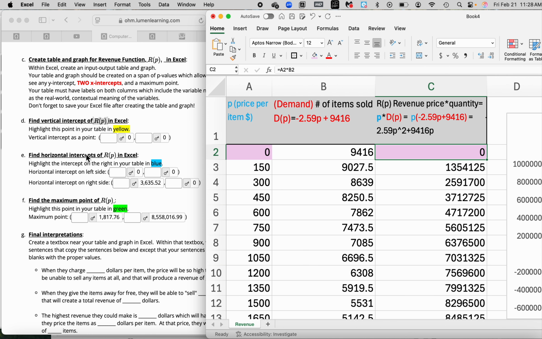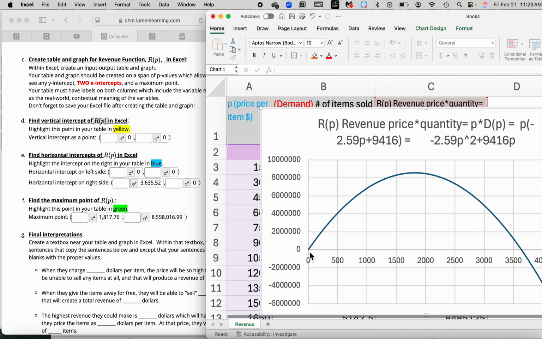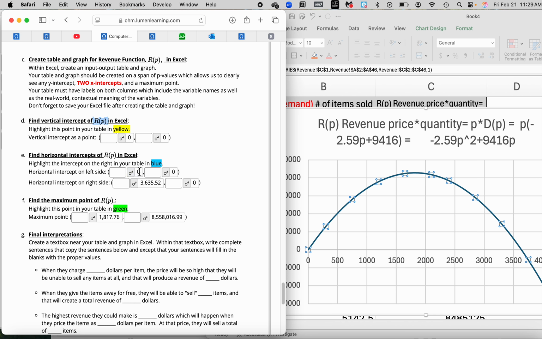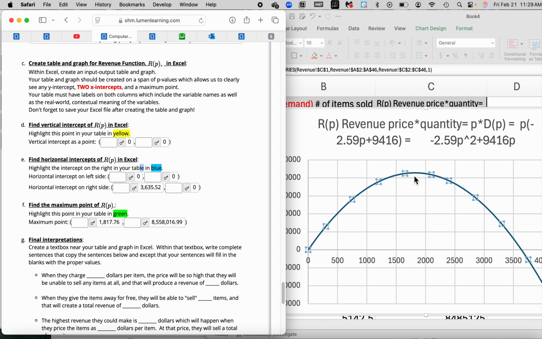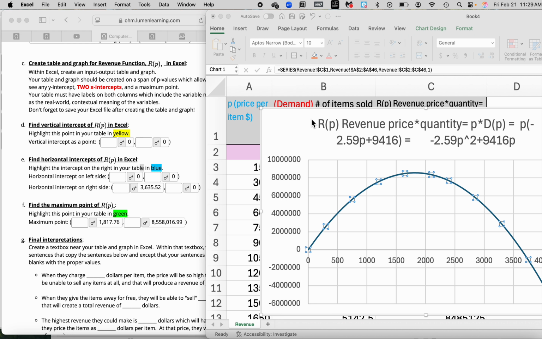And now if I want to find my horizontal intercepts, those are where my output equals 0. Well, for my first, my left-hand intercept, the y- and the x-intercept are the same. So for my left intercept, my ordered pair is 0, 0. For my right intercept, again, we can see it happens somewhere between $3,500 and $4,000 per item.